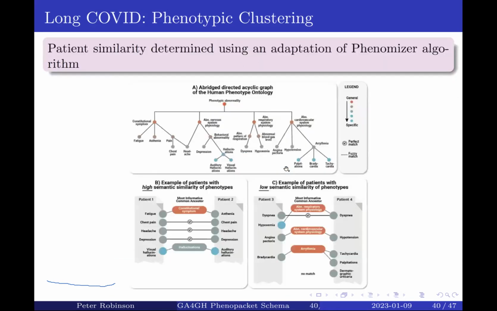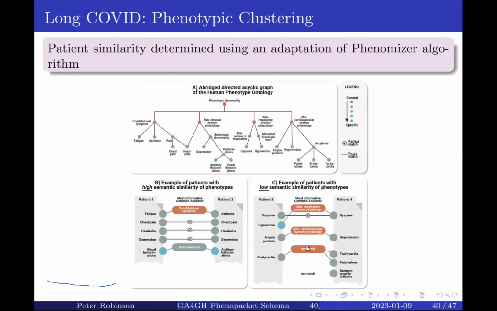And so I explained the fuzzy specificity weighted algorithms. What I explained before was compare a patient to a disease model. You can do something very similar to compare two patients. And essentially, if two patients share a lot of HPO terms or are close to each other in this hierarchy, they're highly similar to each other.